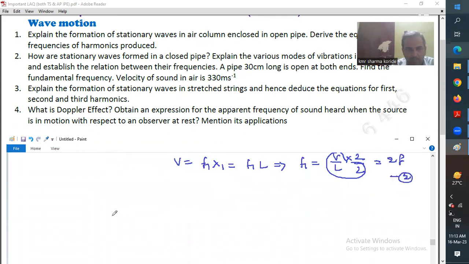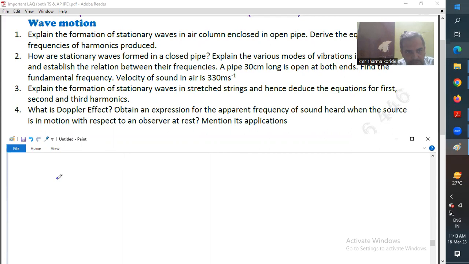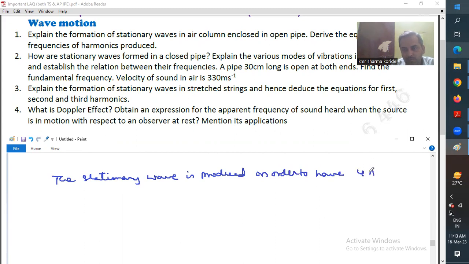Next, moving on. The stationary wave is produced in order to have 4 antinodes and 3 nodes within the length of the pipe.